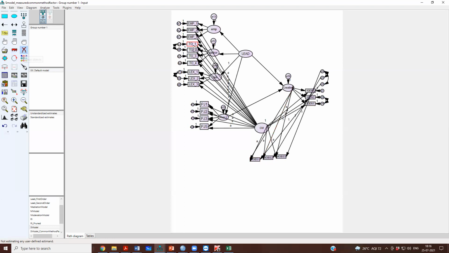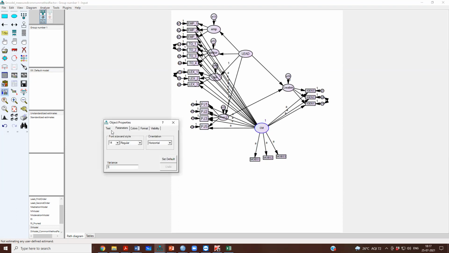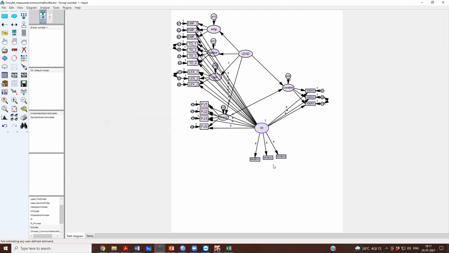I'm going to remove these, and I'm going to remove these ones. Let us say that these are items of, so let us say you had measured. Now this becomes a social desirability factor, SD factor, which you had actually measured.